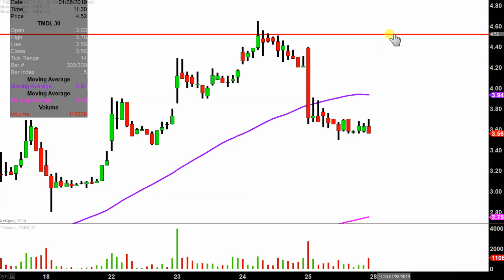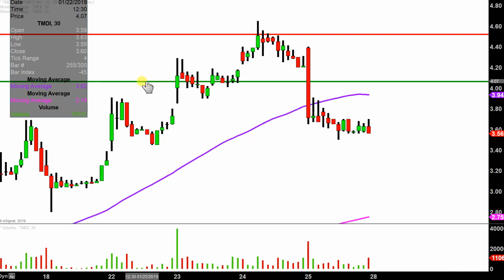From the overall perspective, $4.50 still holds true, but that's kind of irrelevant right now because it's one step at a time, and the first step is just even consolidating and stabilizing here. But if the price can stabilize, then it's got to first get up above the 50-period moving average, and then after that, $4.50.